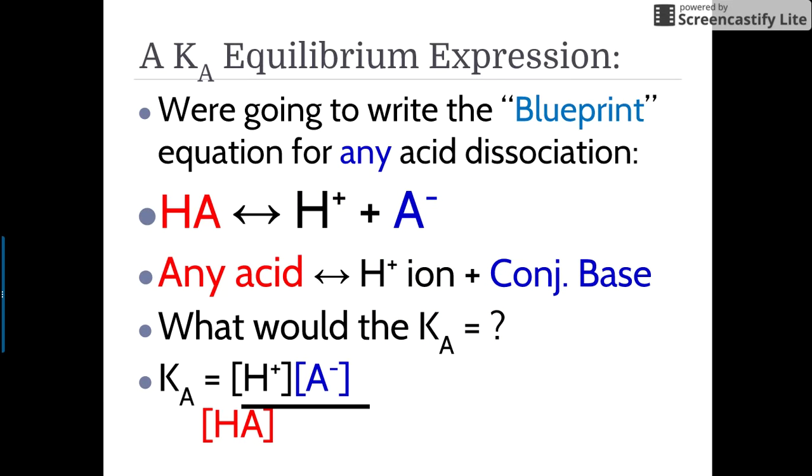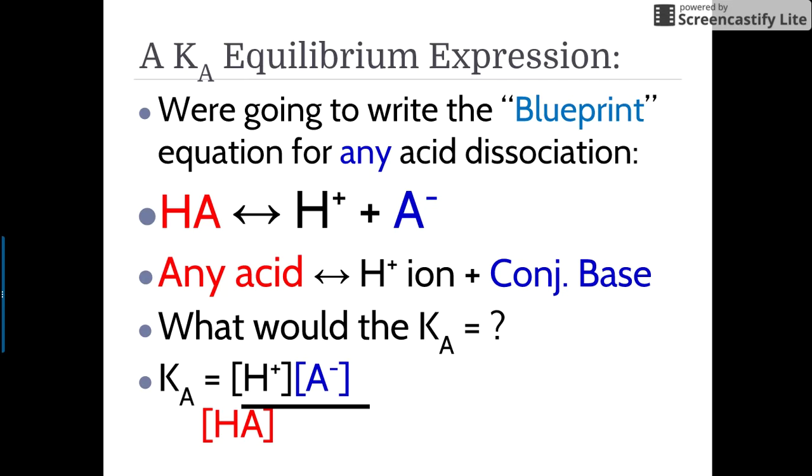So here's that generic acid reaction. I can ignore water. I hope you know why. It's a liquid. It doesn't have a concentration. So if I have HA and I put it in water, it's going to separate into the hydrogen ion and the conjugate base. So the Ka is going to be the products divided by the reactant.